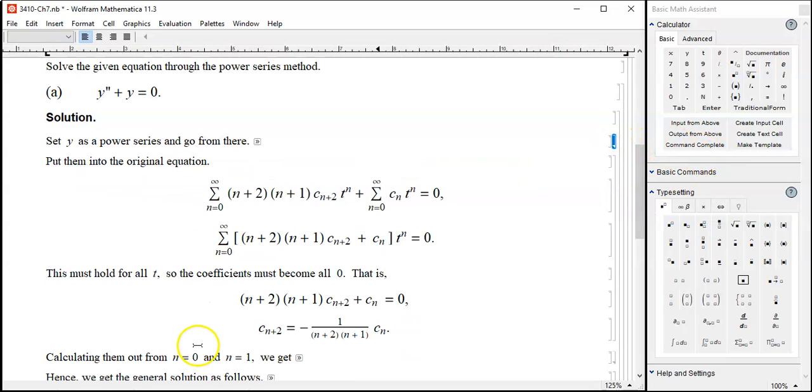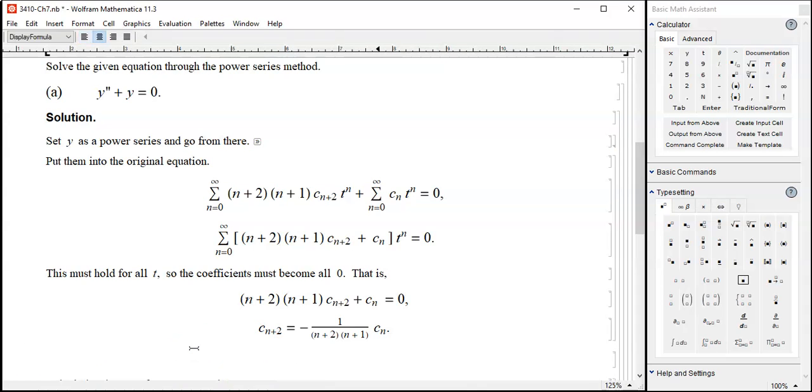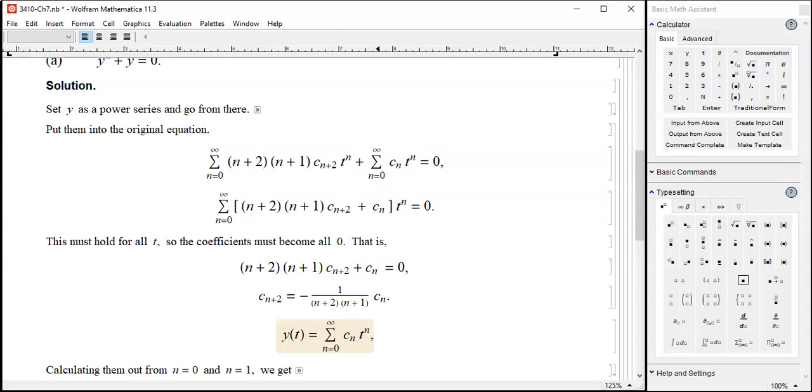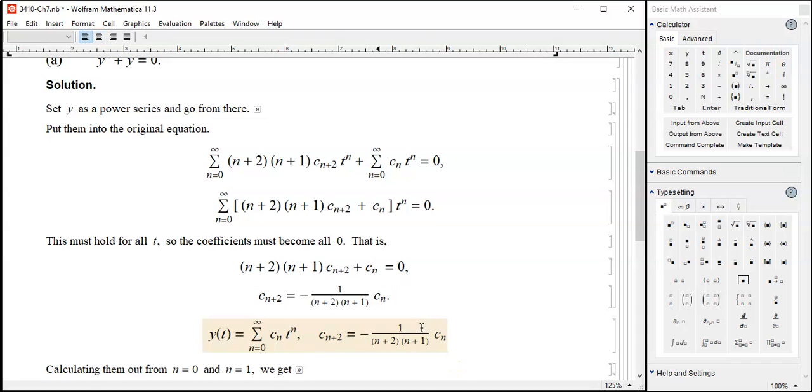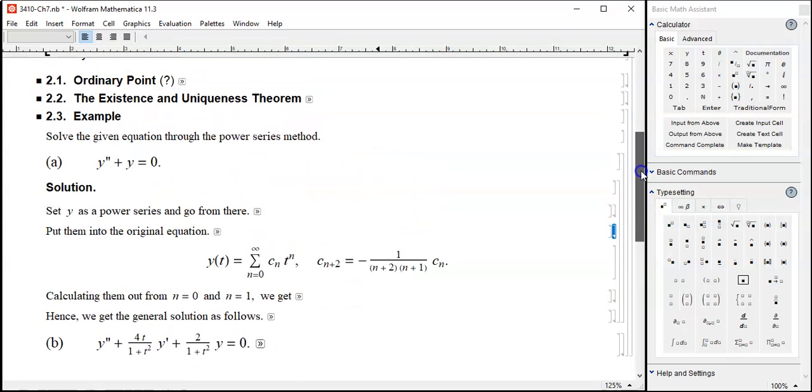So our solution is of this form, where c of n plus 2 is given by this recursive expression. This is what we got so far. Y of t is this power series, and with that difficulty we got this recursive relation.